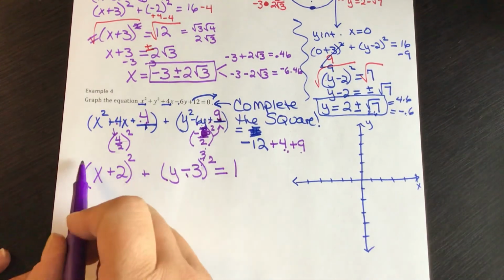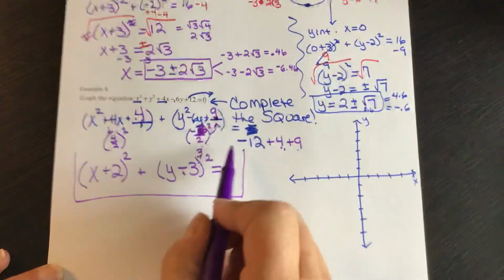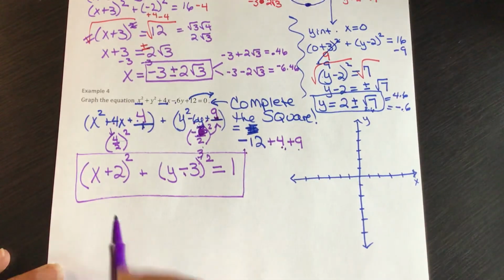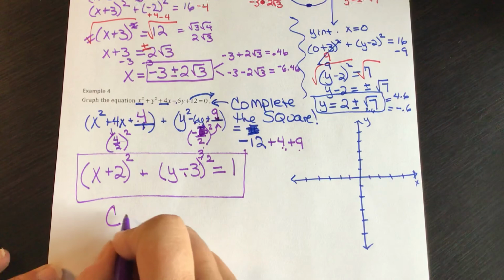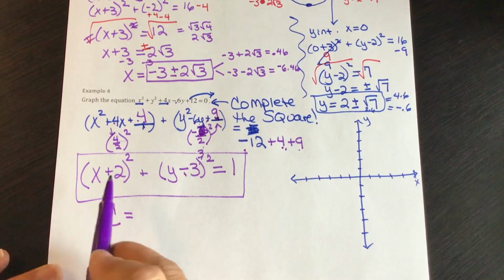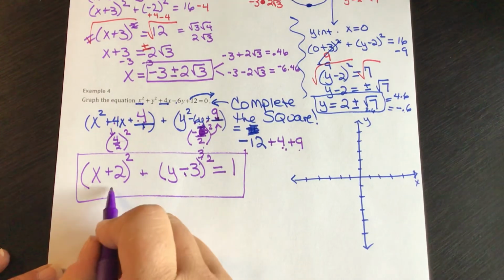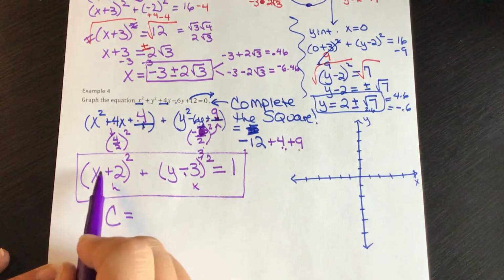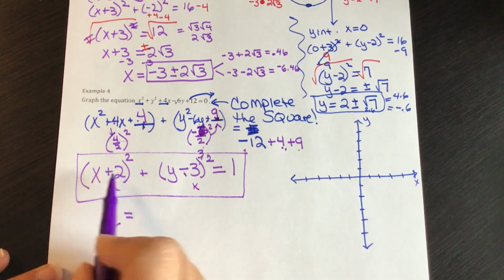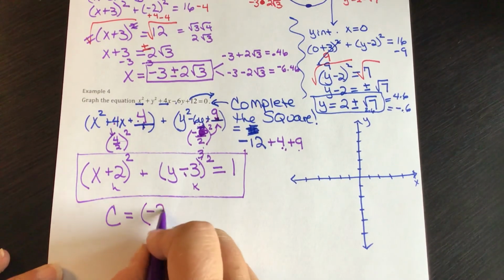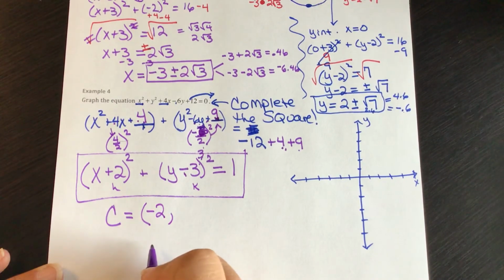When it's in this standard form, now I can find the center of the circle, which would be, remember our h and k values? The opposite of this sign would be negative 2. That's our h value.